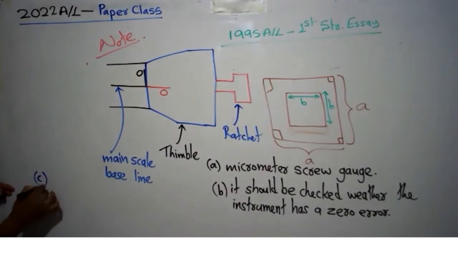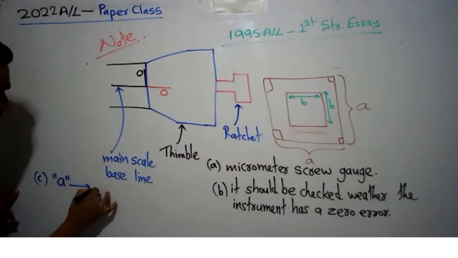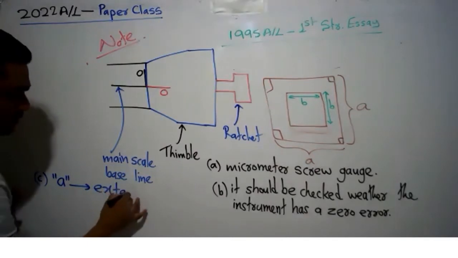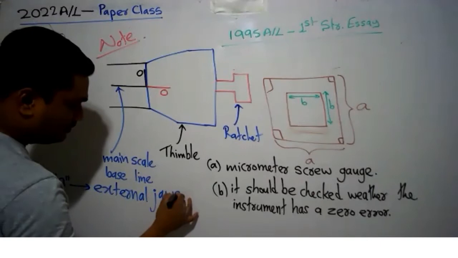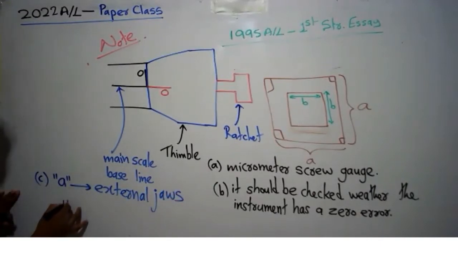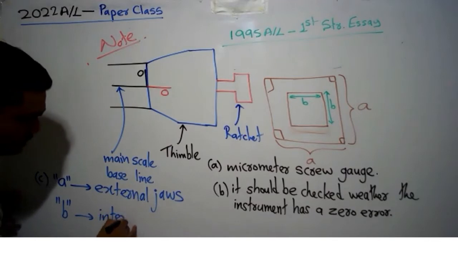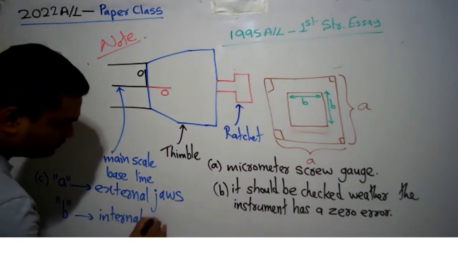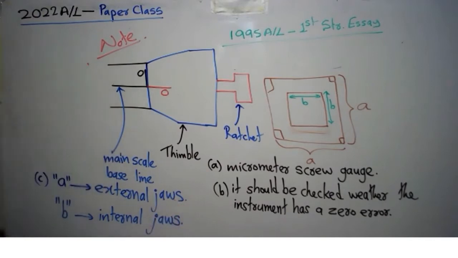So the answer for C: for the A measurement, we use the external jaws. To measure B, we have to use the internal jaws. Complete.